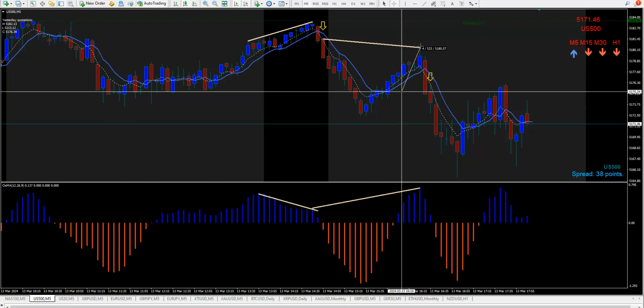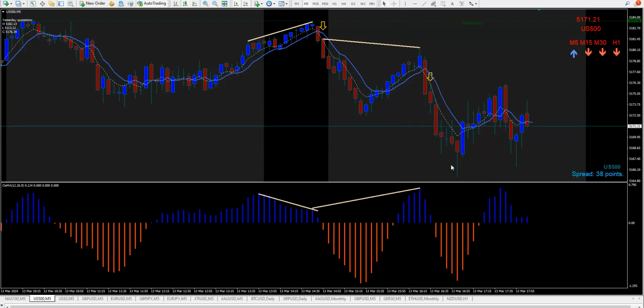Sell here, stop at the swing high. That is 5 points, I think. Yeah, that's a 5-point stop. We got our 5 points. We got 10 down to here, right on the nose, 10 points. 2-to-1 win-loss ratio from there to there.